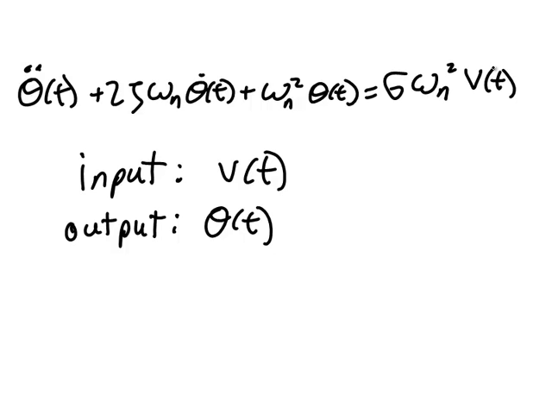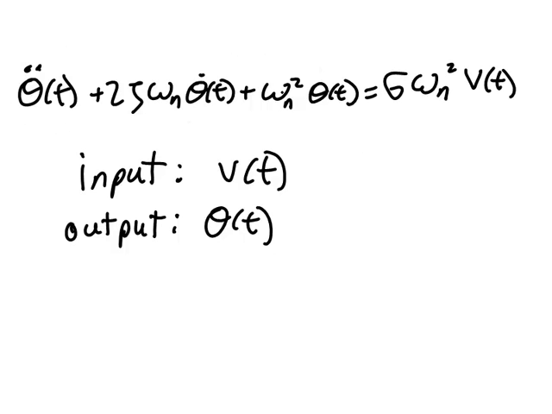And I'm going to look at what is the highest derivative of each of those signals. Here, the highest derivative of theta is the second derivative. Since the highest derivative is the second derivative, that tells me that I need to have two state variables to represent the theta signal.